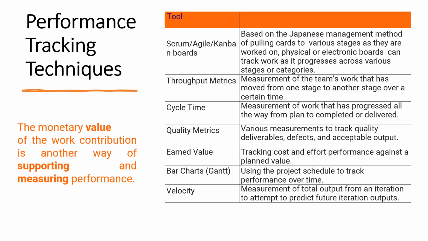So the last one I will spend time on now is velocity. It is the measurement of total output from an iteration to attempt to predict future iteration output. Let me explain that. During one iteration, how many outputs did we have?